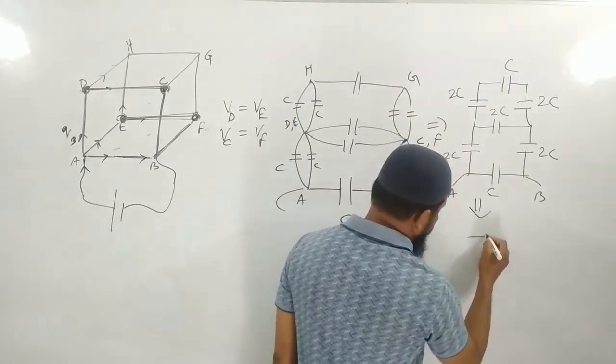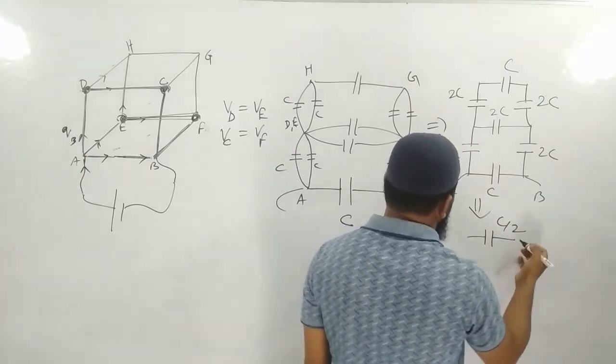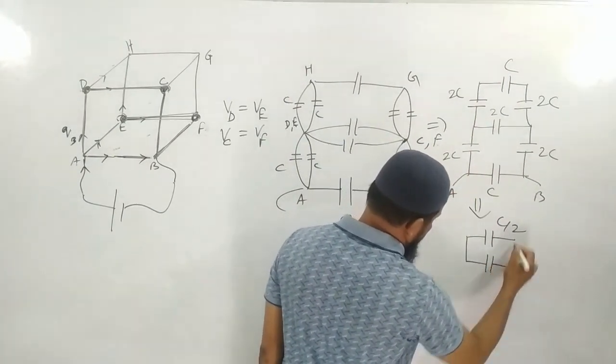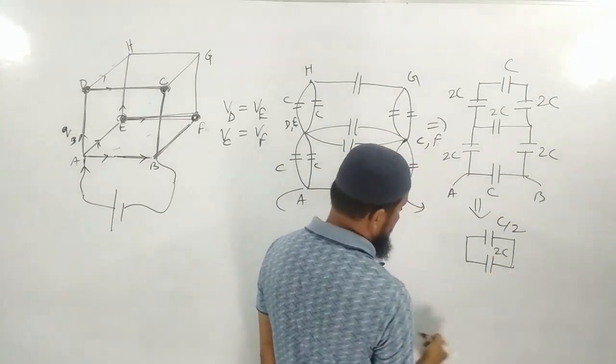So at the top we'll be getting C by 2. And again C by 2 is in parallel with twice C.